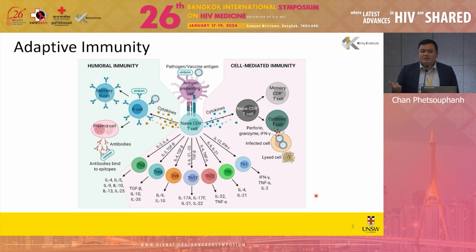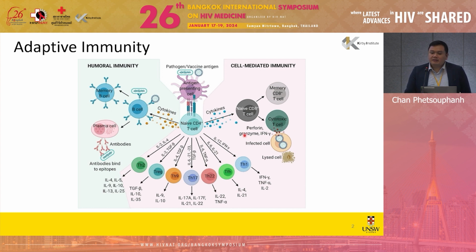Once they encounter their cognate antigen, generally within lymph nodes or secondary lymphoid organs, they differentiate and form memory cells or effector cells that have a known function. CD8s are a little bit more straightforward because their main function is to kill or lyse infected cells using cytolytic granules such as perforin and granzyme.